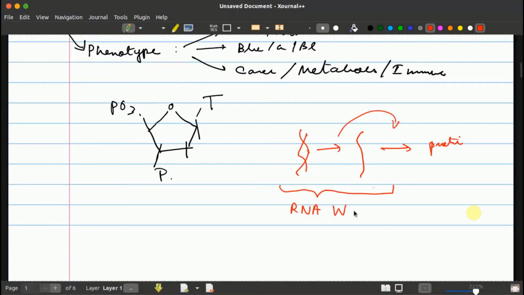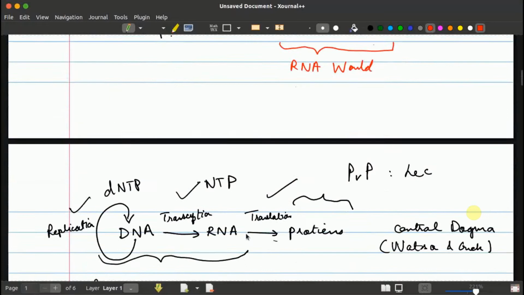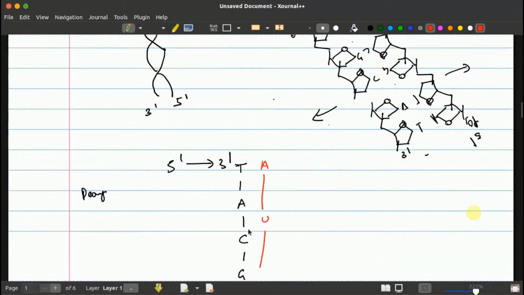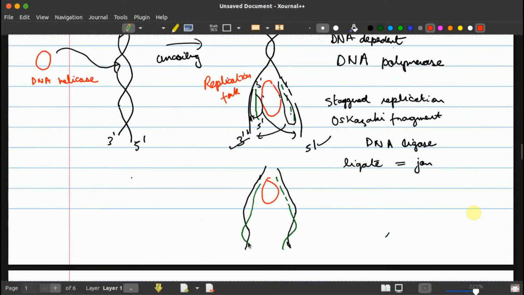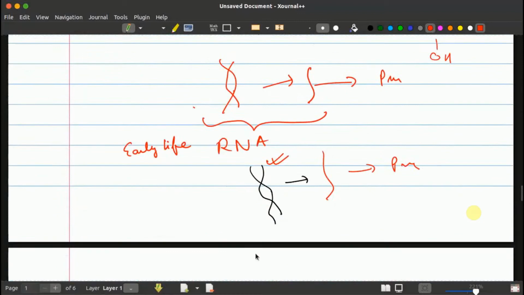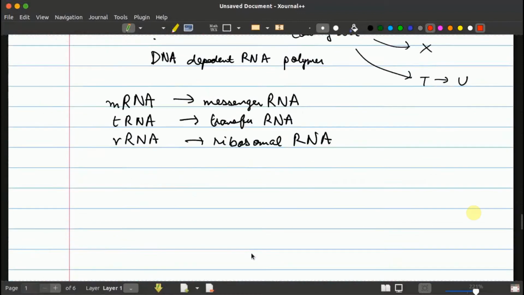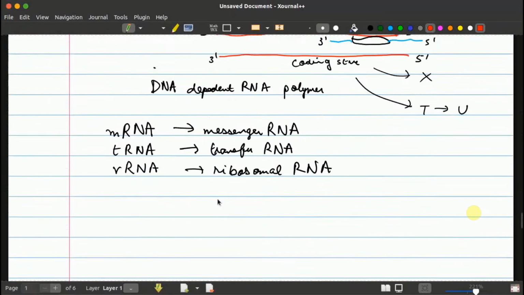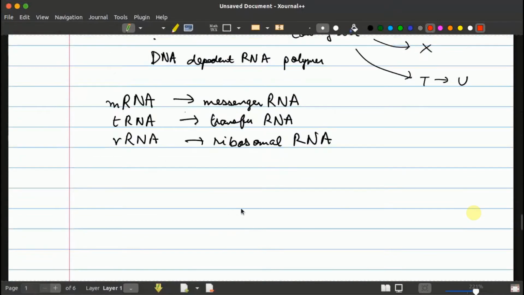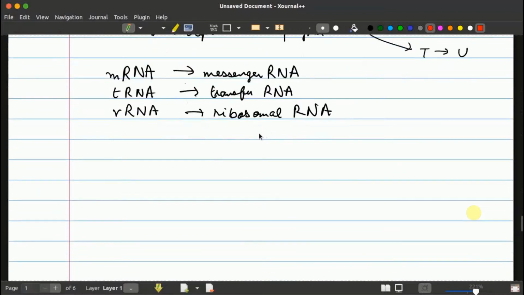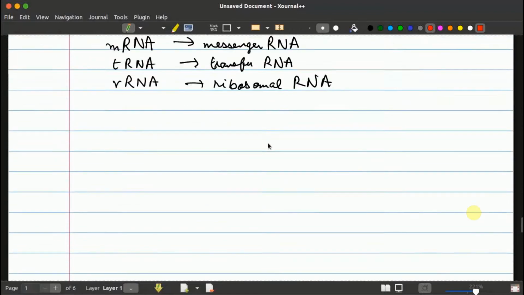Hence, this is called the RNA world. This is how early life started, with only RNA. RNA is doing all the work: tRNA, mRNA, rRNA, everything by itself. Anyway, this will be slightly clearer once I explain translation. I'll revisit that once we are done.